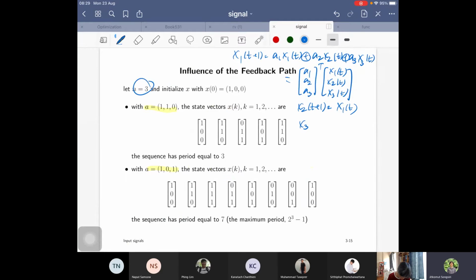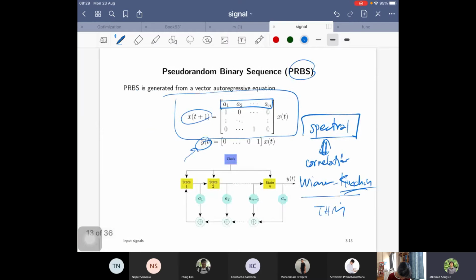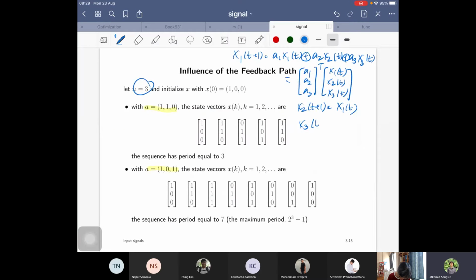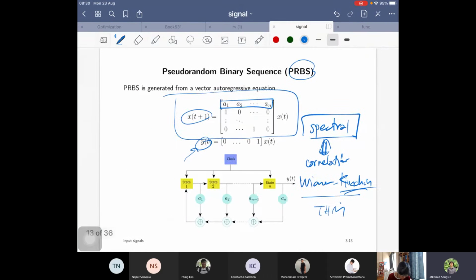And x3(t+1) equals x2(t), correct? So everyone follows this equation. What I describe is the equation from the description.